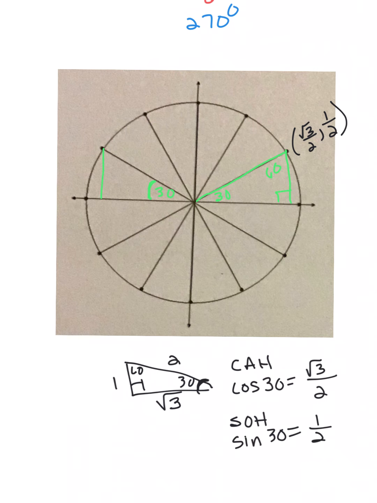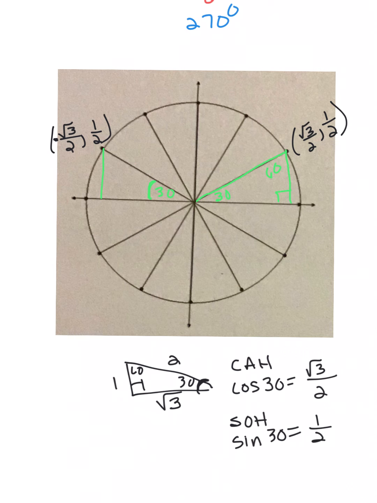So what that means then is that the cosine is the x-coordinate, and we said that cosine for 30 degrees was the square root of 3 over 2. The sine is the y-coordinate, and we said the sine is 1/2. But remember, when you are in the second quadrant, your x-coordinate must be negative. So the cosine is negative square root of 3 over 2.